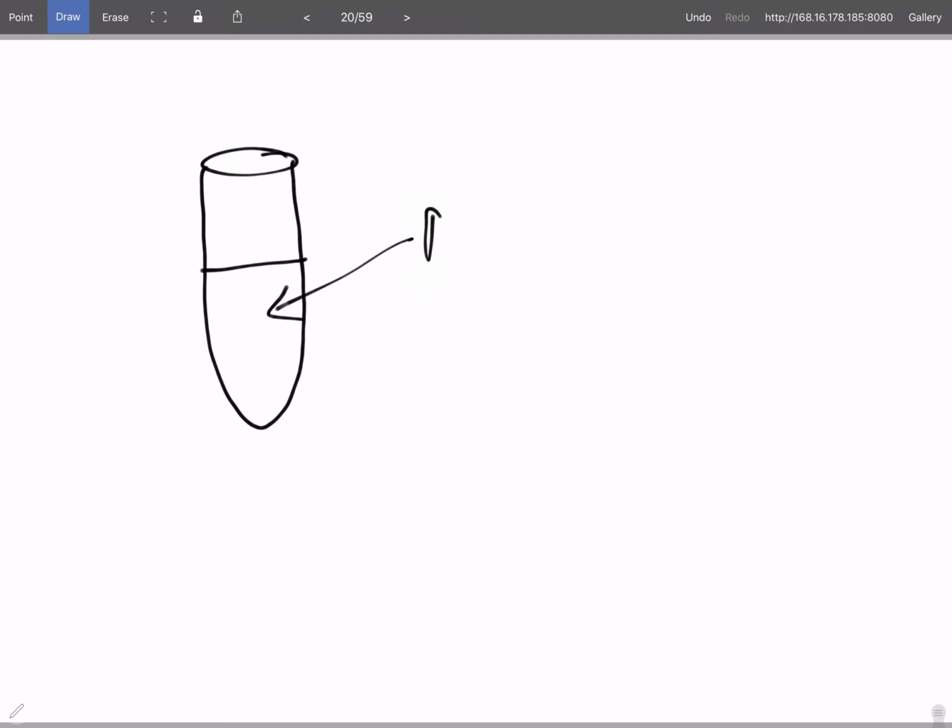So Nirenberg and Matthaei, at the time, could isolate individual nucleotides and put them in a test tube or an Eppendorf tube in the lab. And to that tube, they might add a nucleotide like adenosine, right?